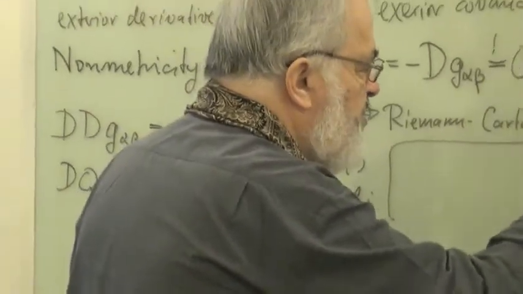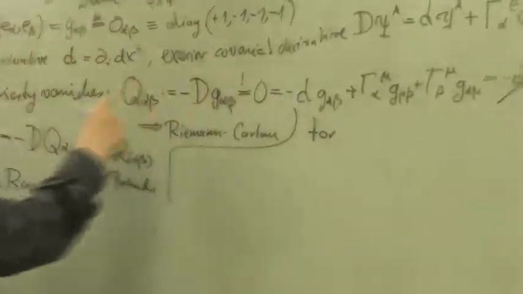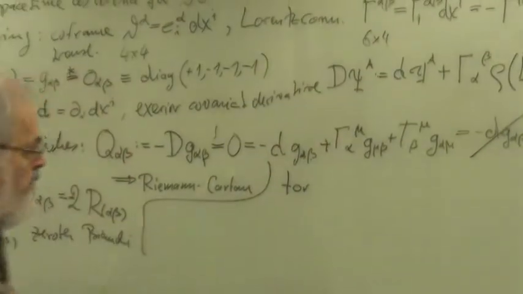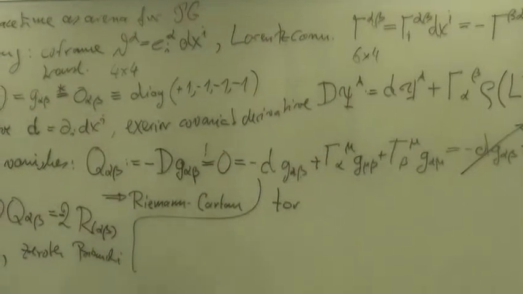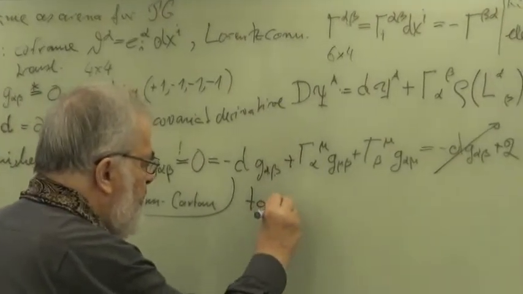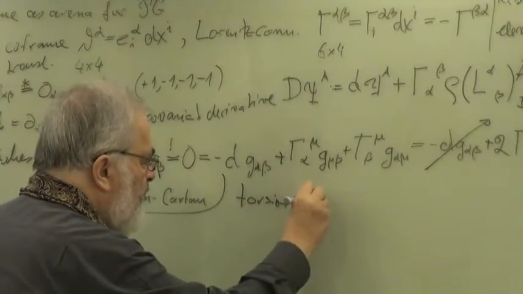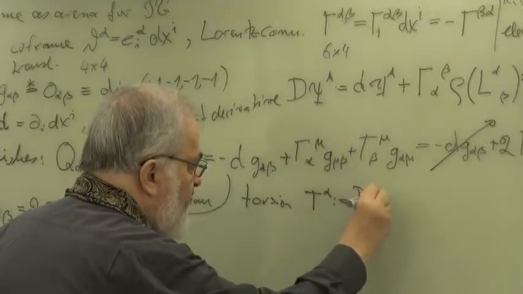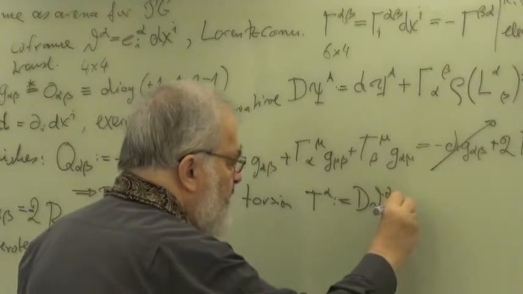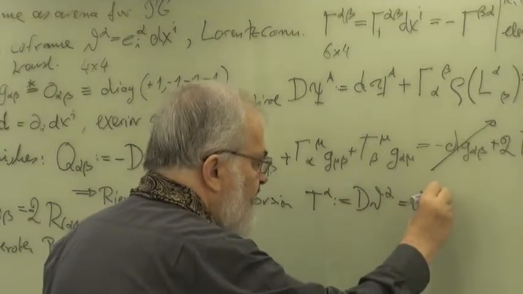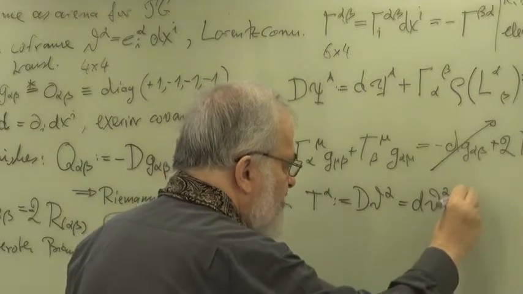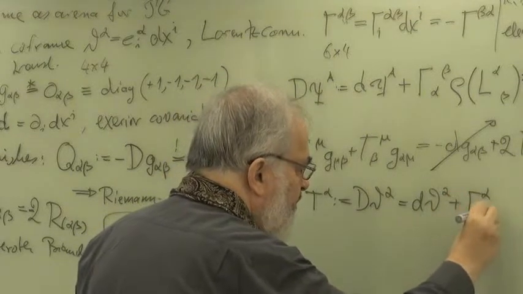We have here the curvature 2-form. Now we have the variables. We have the coframe. We have the connection. Now we differentiate the coframe, that is the torsion, T alpha. By definition, the covariant exterior derivative of the coframe is the exterior derivative of the coframe plus gamma alpha mu wedge theta.